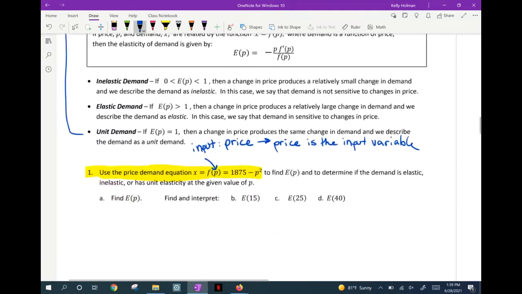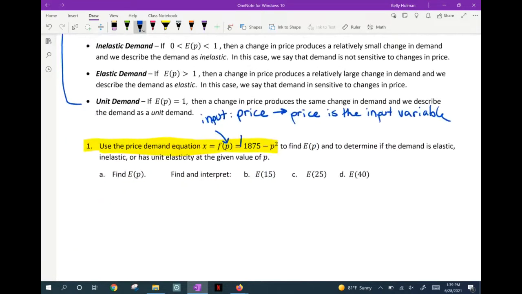And in this problem, if I plug in the price and do the calculation, it's going to output demand. So demand is a function of price.